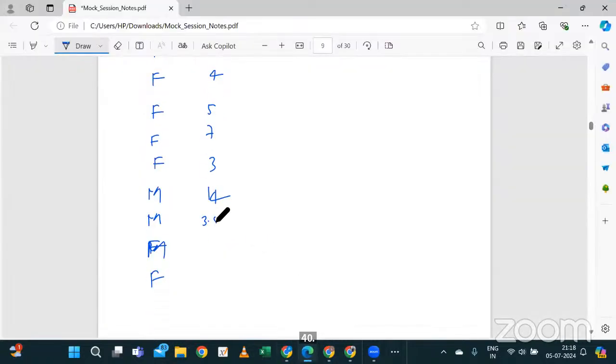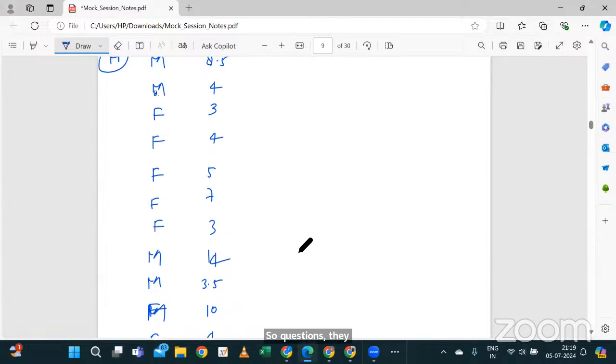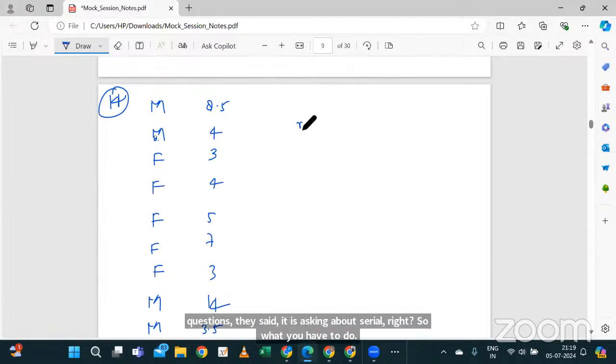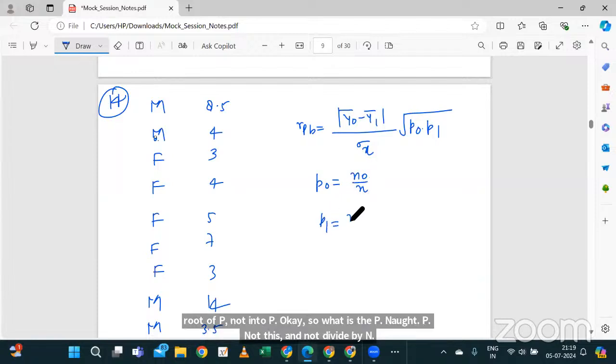The question is asking about point biserial correlation. We know the formula: r_pb, in absolute terms, is (y bar 0 minus y bar 1) divided by sigma x, where sigma x is the population standard deviation, into the square root of p0 into p1. P0 is n0 divided by n, and p1 is n1 divided by n.